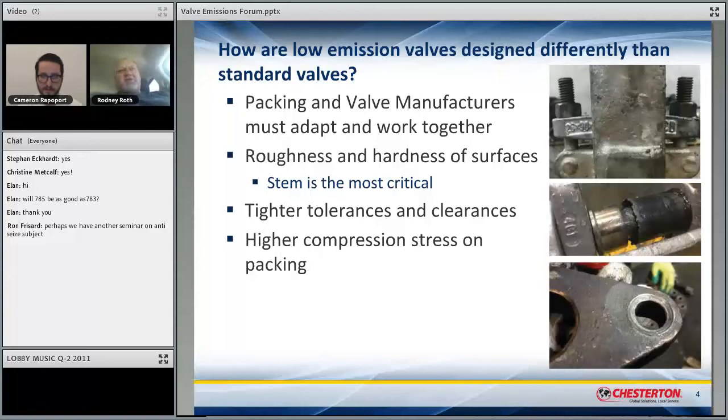The gland flange sits on top of the gland. The gland is what many people have referenced as the follower for many, many years. The gland flange puts pressure on the gland, which then goes into the stuffing box and expands the packing under the load. And so we call those studs you see there the gland flange studs and nuts. So that's the proper terminology: gland flange, gland, stuffing box, and gland flange studs and nuts.